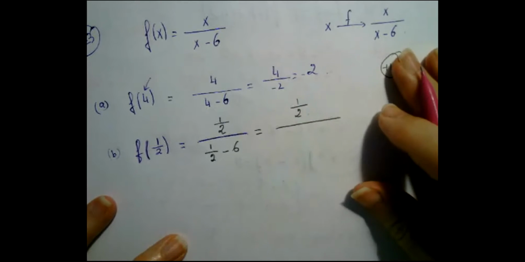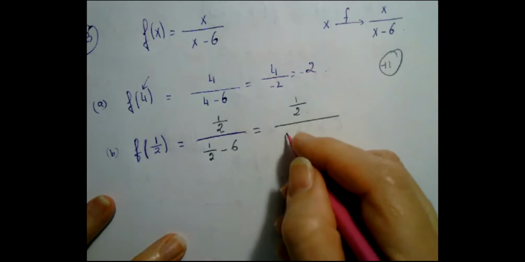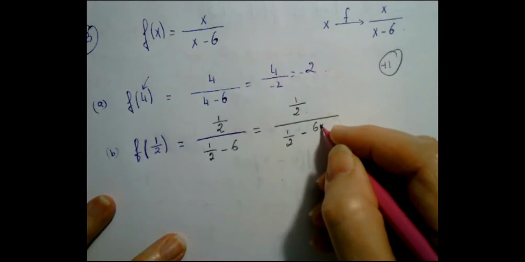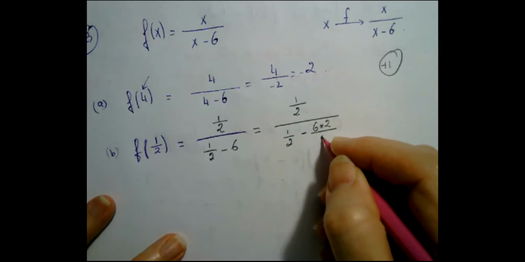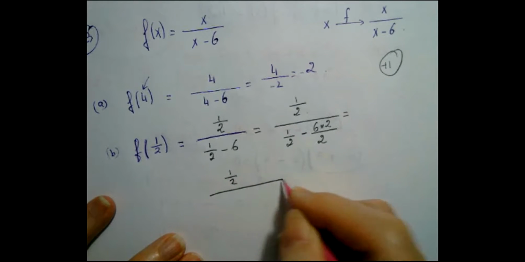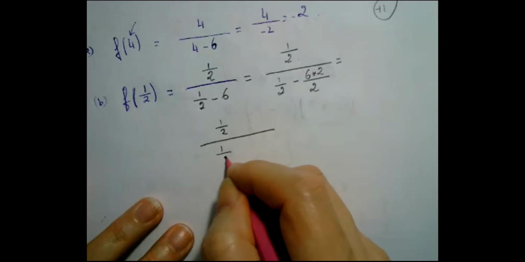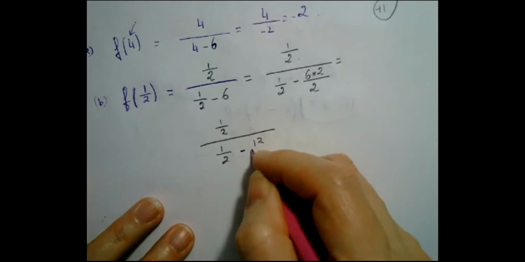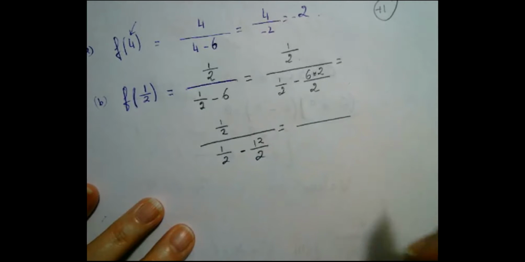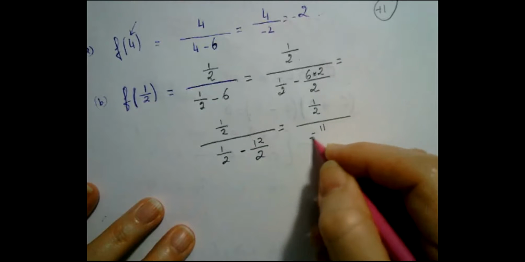Keep going. So I put a 1 under the 6, and then multiplied that by 2, and then multiplied the 6 by 2. That equaled 1/2 over 1/2 minus 12 over 2. So far, so good. Keep going. The part where I stopped was it equaling 1/2 over negative 11 over 2.